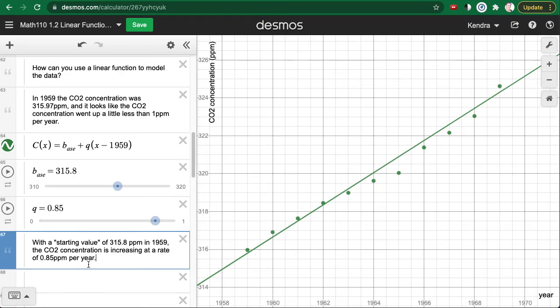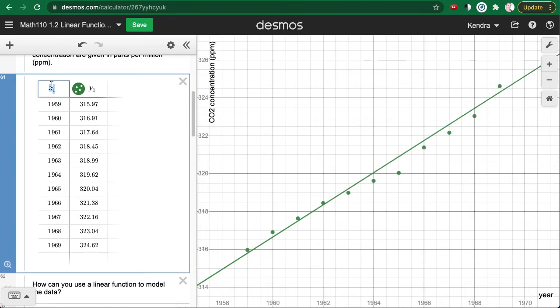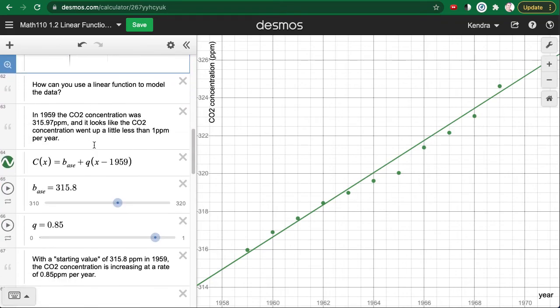Okay. And of course, we can actually do a linear best fit for this. These data are called X1 and Y1.